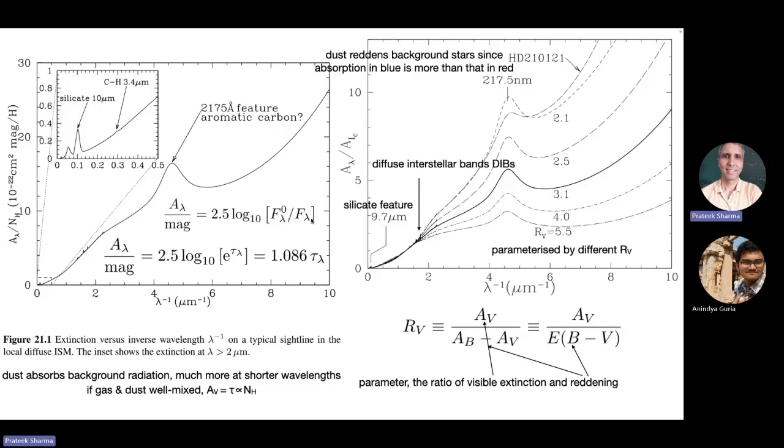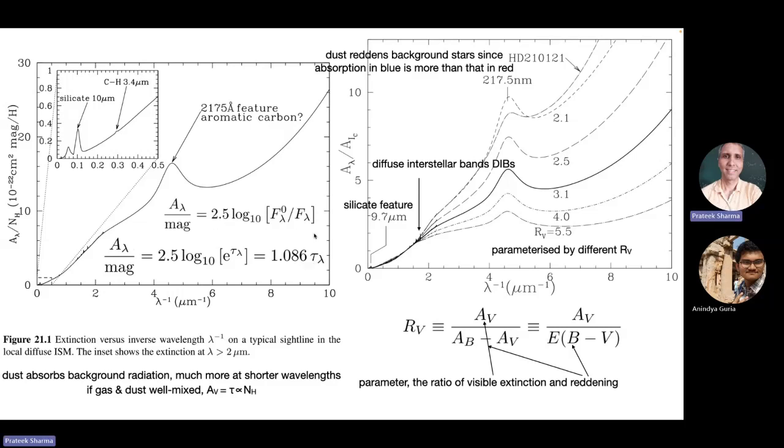And since F lambda is e to the minus tau times F naught lambda, A lambda is just given by this, right? That it's just 2.5 log e to the optical depth at that wavelength. And if you just do this math, you get this. So A lambda, or extinction, is roughly equal to the optical depth.